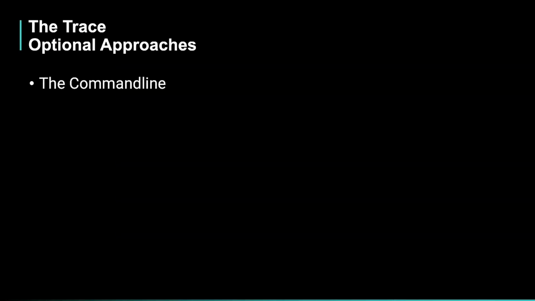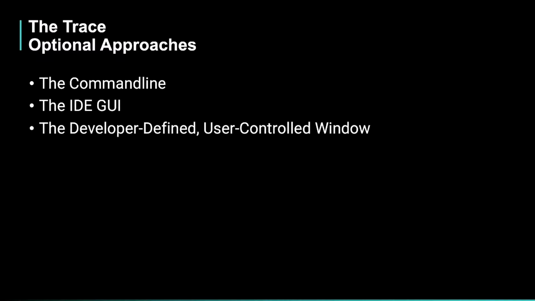So, what are the different ways to be able to generate the trace? The options are the command line, running it from the PowerBuilder IDE's graphic user interface, or the developer-defined user-controlled window, frankly, the Powerscripted option.